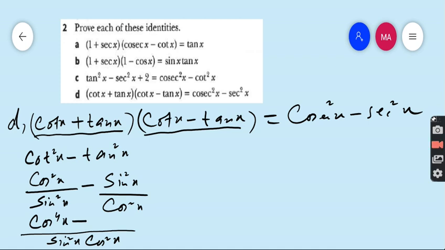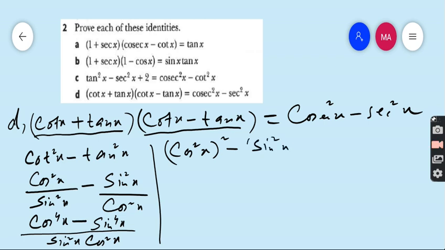Similarly, cos square x cancels cos square x, so sin square x into sin square x is sin 4x. Again write this cos 4x as cos square x whole square, and this sin 4x as sin square x whole square, upon sin square x cos square x.